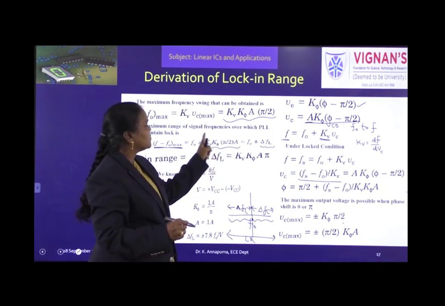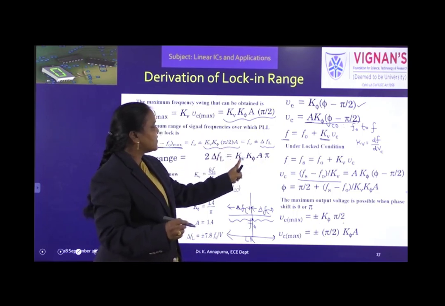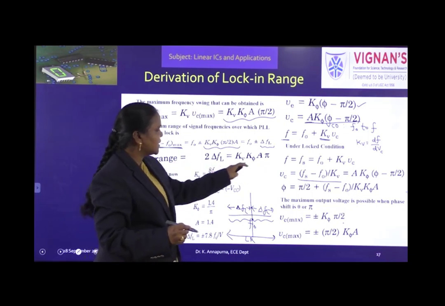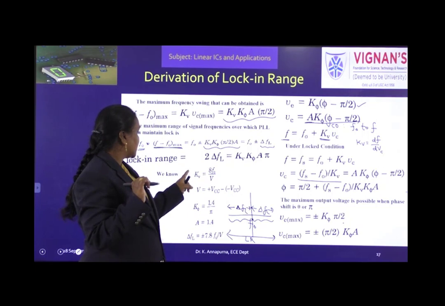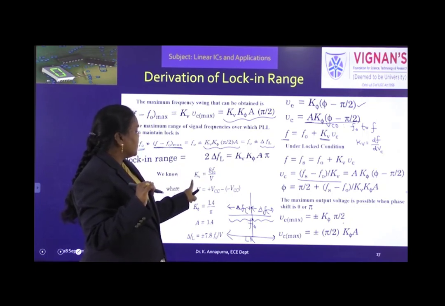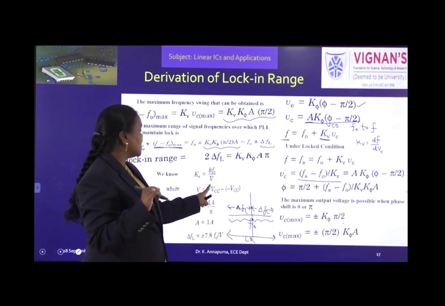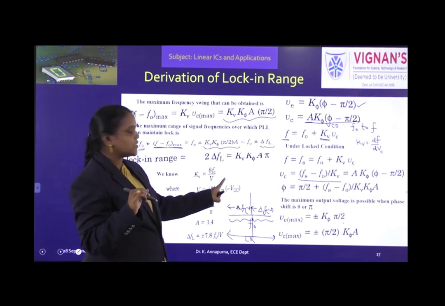So 2 times of this means this by 2 gets cancelled. So kV, k phi, A into pi. Okay. This is the lock-in range for the PLL IC. Now, already we have derived kV is 8F0 by V. Okay. And what is V? It is plus VCC minus (minus VCC), that means 2 times VCC.